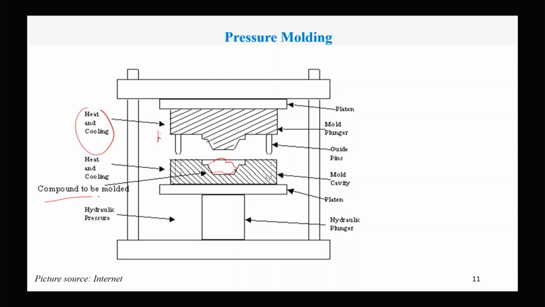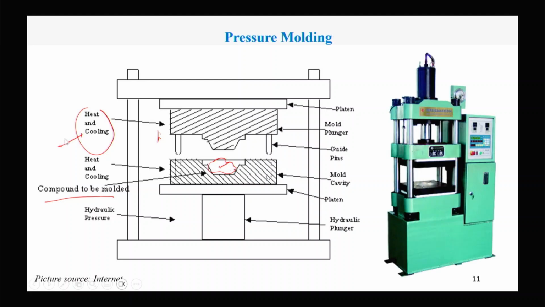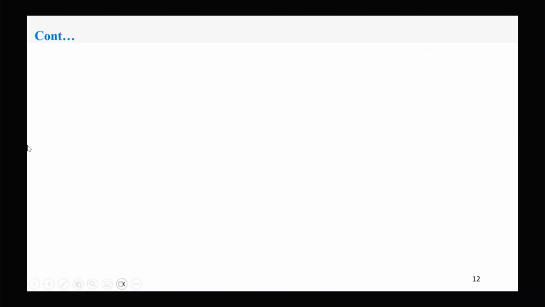The compound to be molded, the matrix along with the reinforcing material, is placed here and it is pressed, and heating is there. Then after that, cooling is there, so that the composite is formed. This is the commercial instrument, and advantages are there.